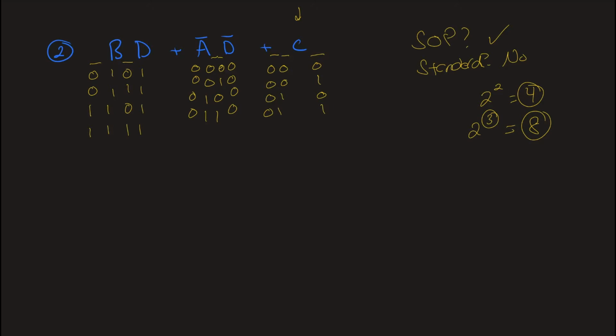Notice we fill this out just like a truth table or just like we're counting. 1, 0, 0, 1, 0, 1, 1, 1, 0, or 1, 1, 1. So those are the values that we're missing. For all of those values, C has to be a 1.